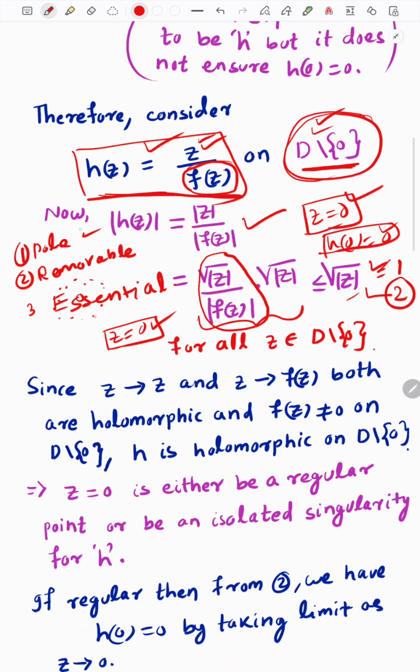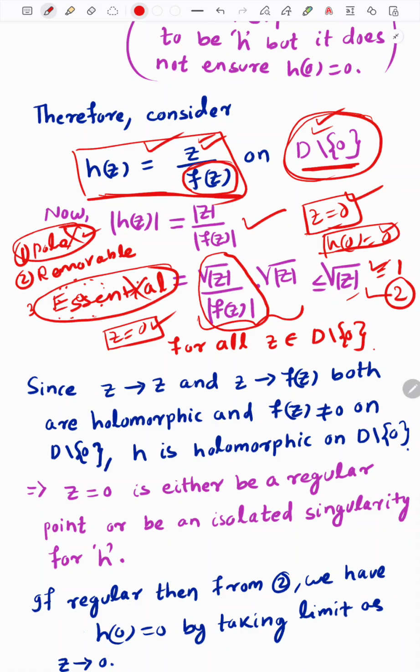But for the pole the limit should be infinite, and for the essential singularity the limit does not exist. But in this case this limit exists and it is equal to 0, which is also a finite quantity. So pole and essential are not possible.